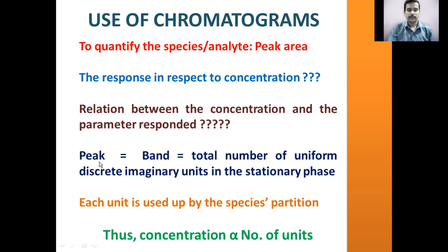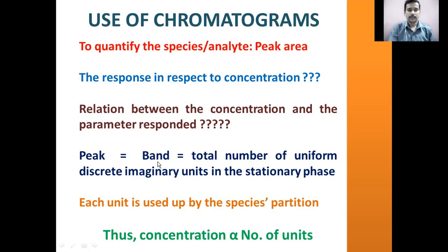When you introduce the sample solution to the chromatographic column, each and every solute is occupied in its own band. The density of the band will be more as the concentration of the solute in the sample is more. As a result, the chromatographic peak will have a greater area, and the height of the peak will be more if the concentration is more.